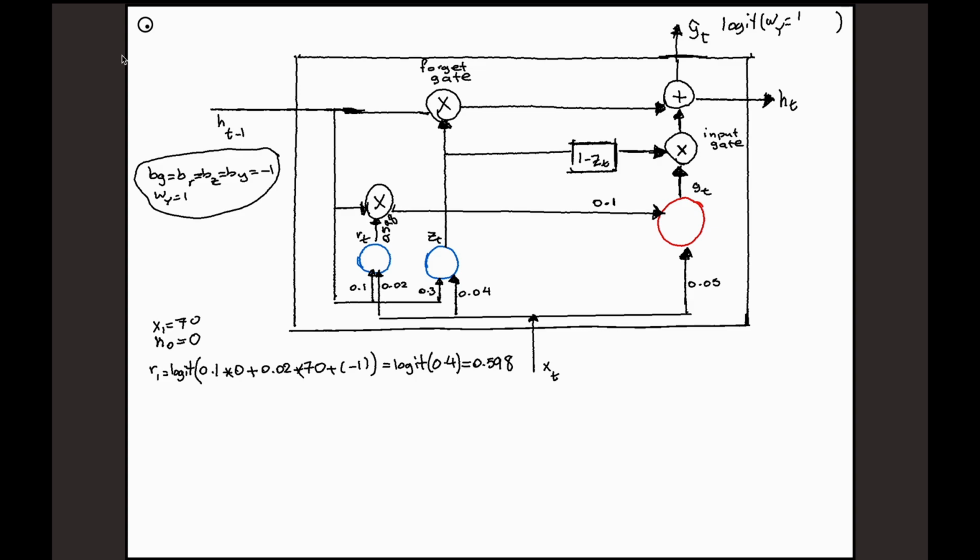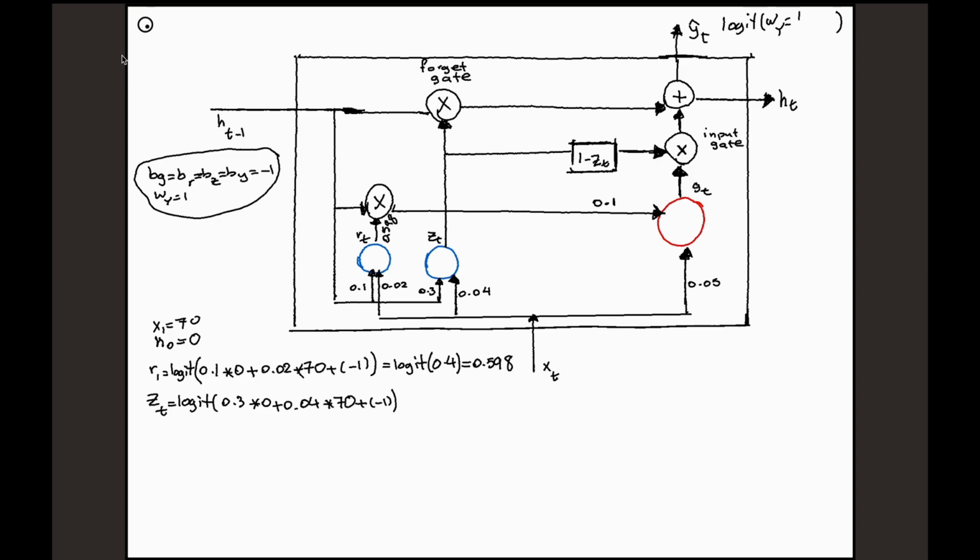Okay, so now let's look at ZT. I do this only once, and I expect these to be natural to you because we have done it many times. So ZT is logit of 0.3 times whatever H was, plus 0.04 times 70, plus its bias.